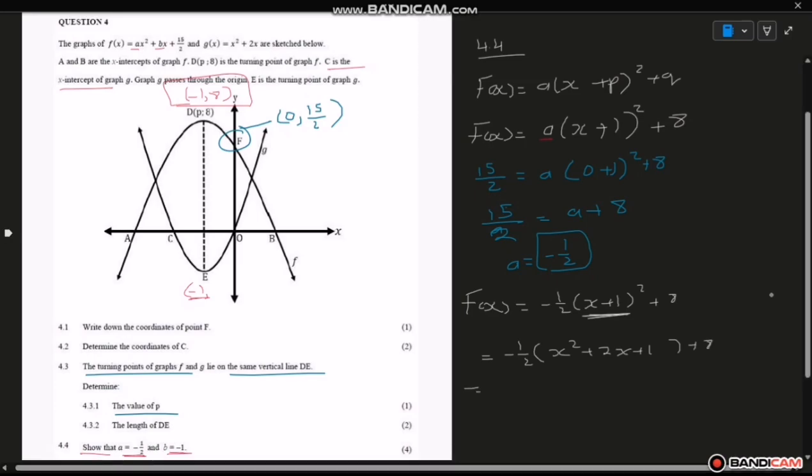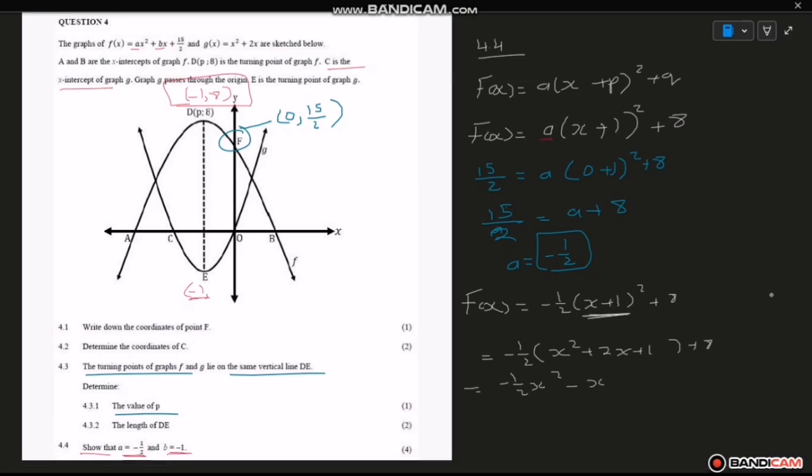Then negative half, you distribute it inside the brackets, it's going to give us negative half x squared minus x, and negative half times 1 is going to give us negative half, then plus 8. Then you group the like terms.